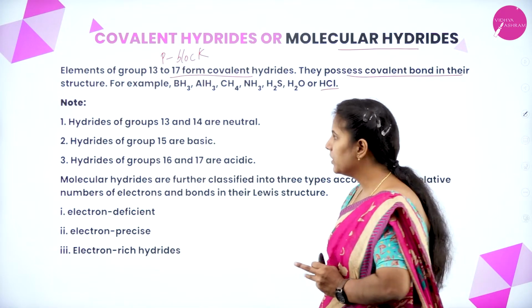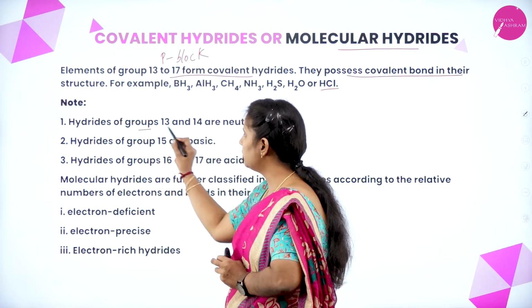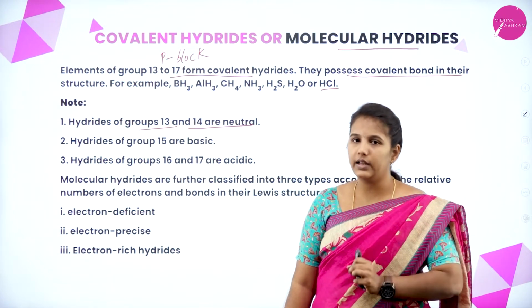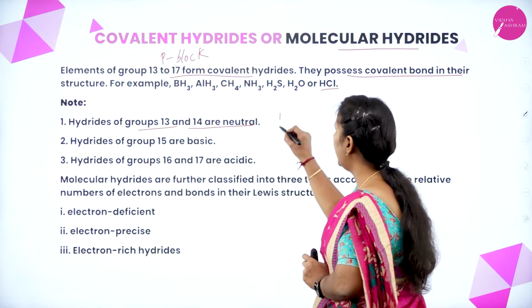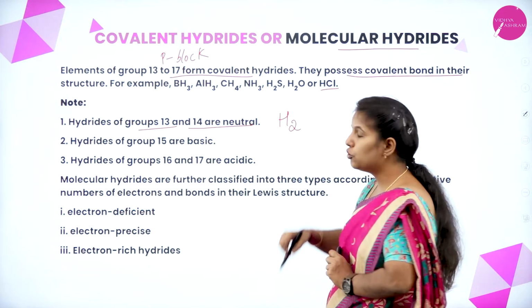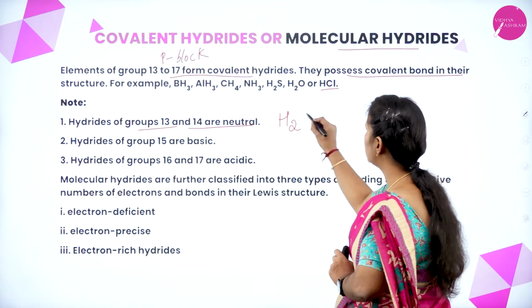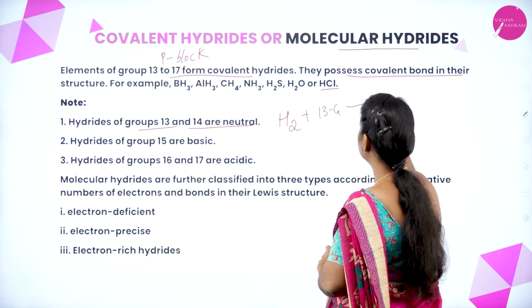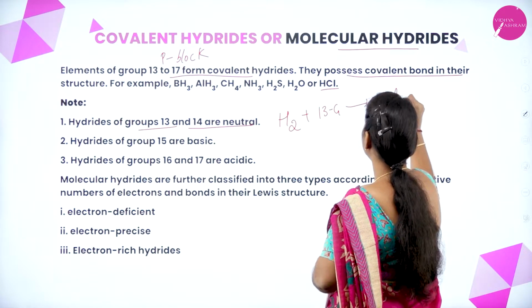But remember, the hydrides of groups 13 and 14 are usually neutral in nature. So, when dihydrogen reacts with group 13 elements, their hydrides will be neutral in nature.